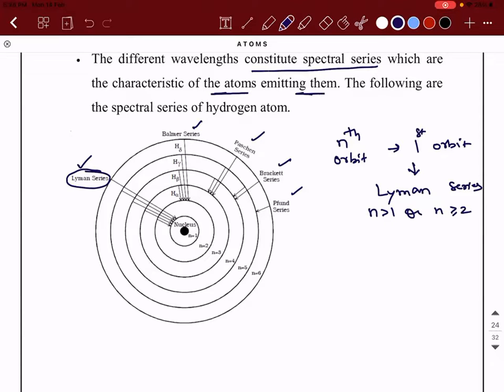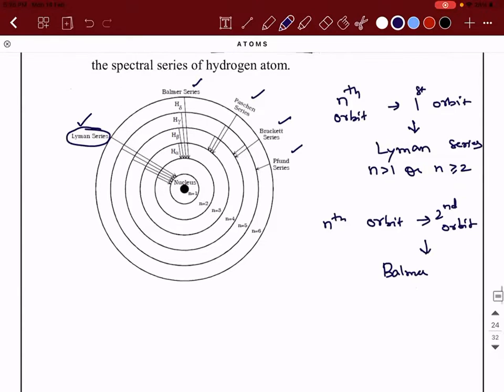Now, similarly, if an electron jumps from the nth orbit to the second orbit, then the spectral series corresponds to something called Balmer. In the Balmer series, you have H alpha, H beta, H gamma, H delta. All these lines are there, and that is only in the Balmer series.